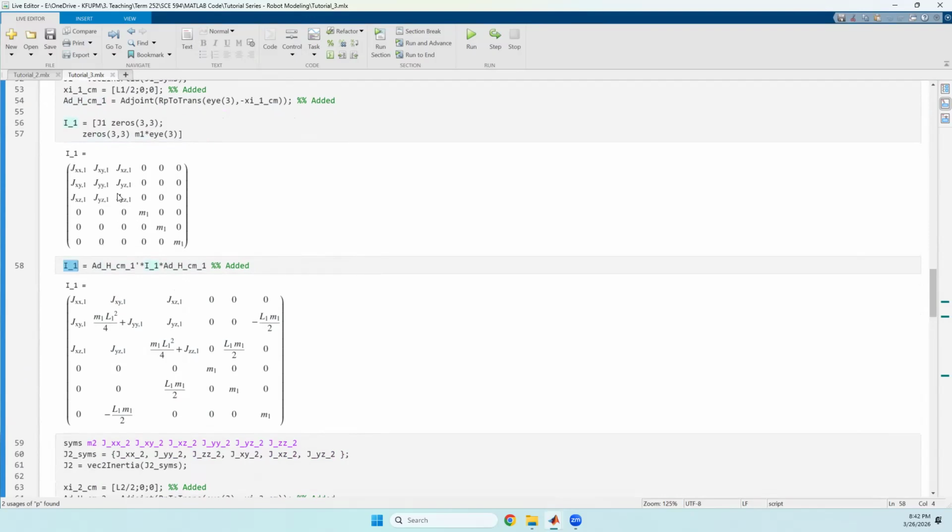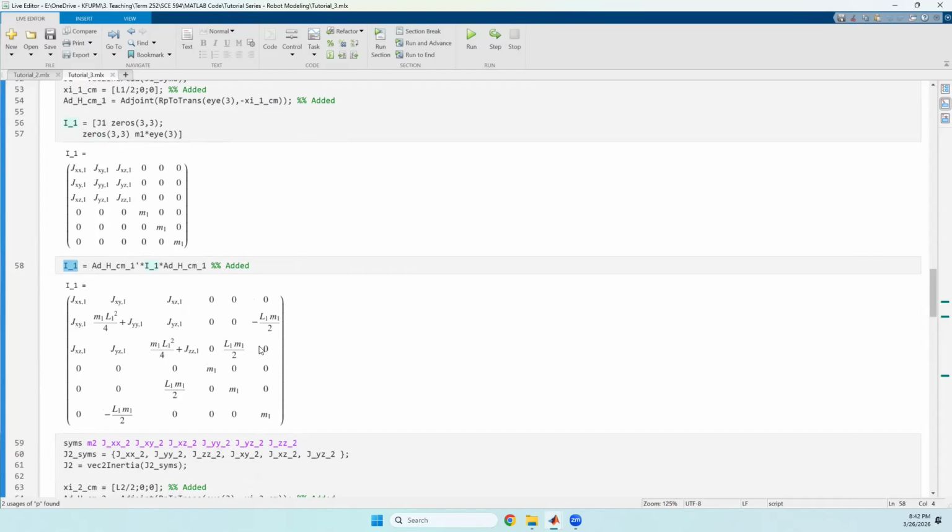They're still diagonal. The top right and the bottom left are not the same anymore. They are given by this, and these two together are symmetric.